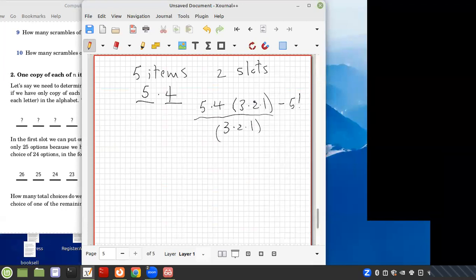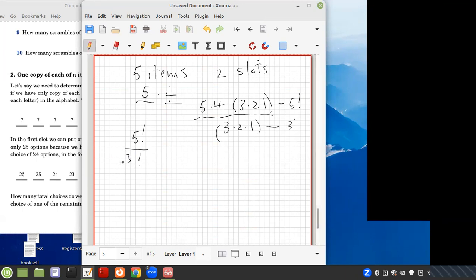So we've multiplied in and divided, so we haven't changed the number. We've just made it look like 5 factorial over 3 factorial. So if I put 5 items in 2 slots, the answer is 5 factorial over 3 factorial.